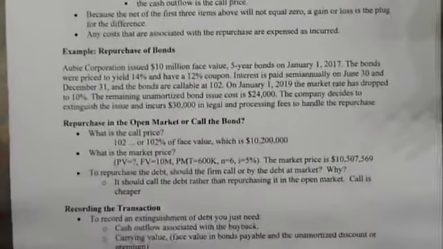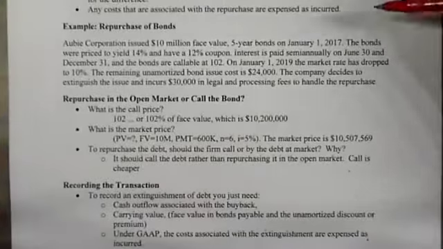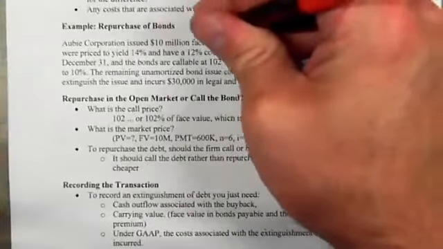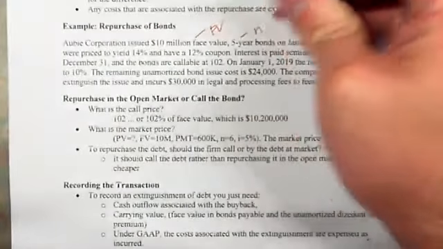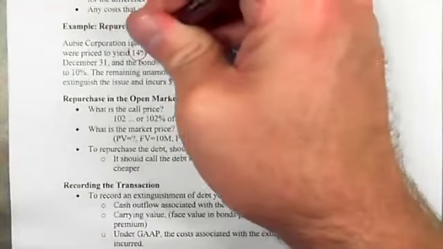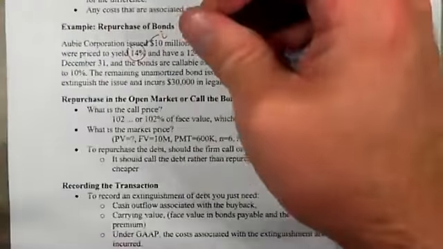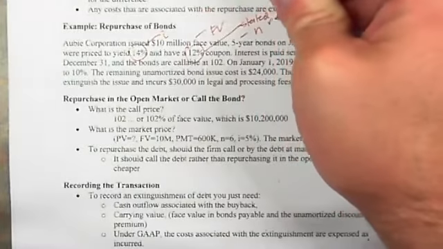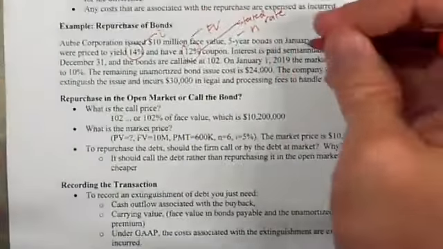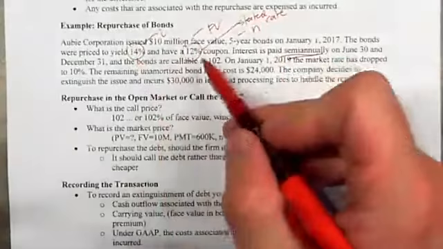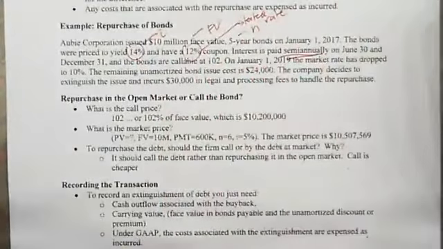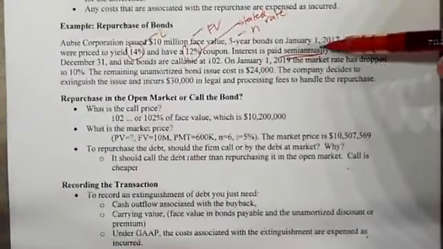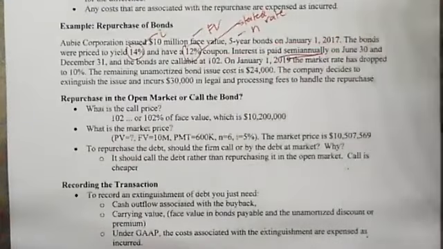So looking at an example, Obby Corp has 10 million face value. So that's our FV. 5-year bonds, and they were priced to yield 14%. So that's our I, and they have a 12% coupon. That's our stated rate. Interest is paid semi-annually, so we have to make adjustments to these rates and to the N. On June 30th and December 31st, the bonds are callable at 102, so at 102% of the face value.